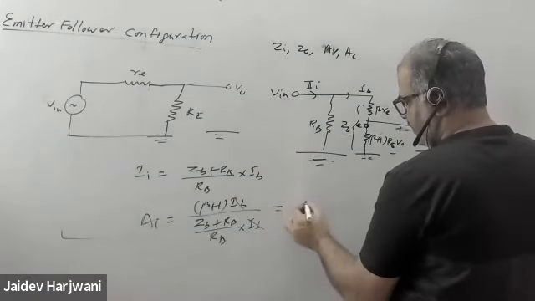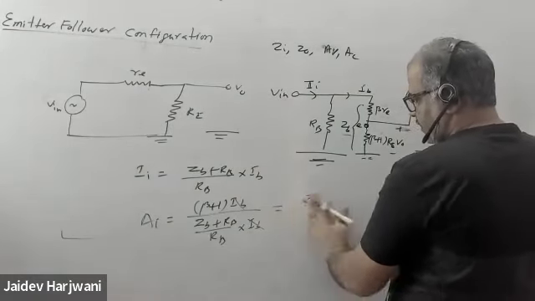So this will give me (beta plus 1) RB upon (ZB plus RB). Minus is also there, because I naught equals minus IE, minus (beta plus 1) IB. So this is your gain formula.